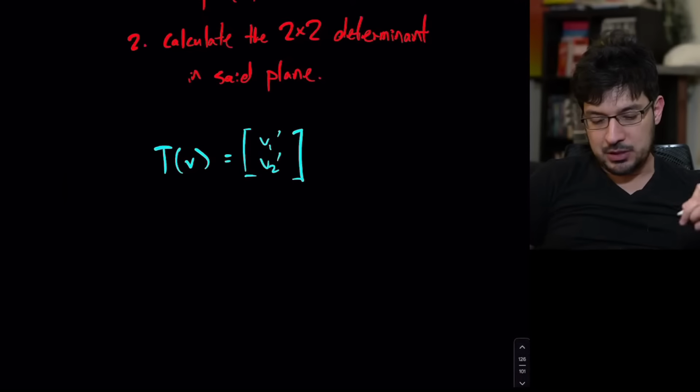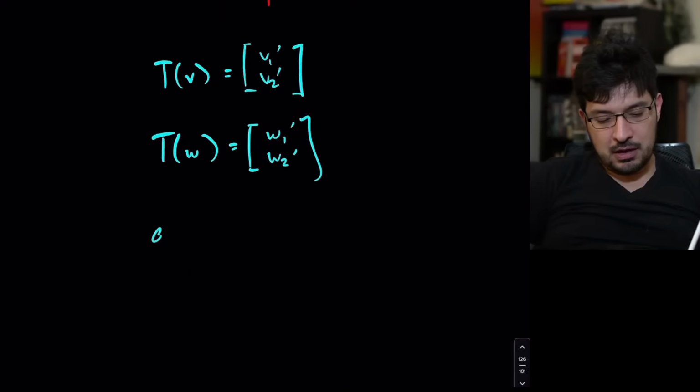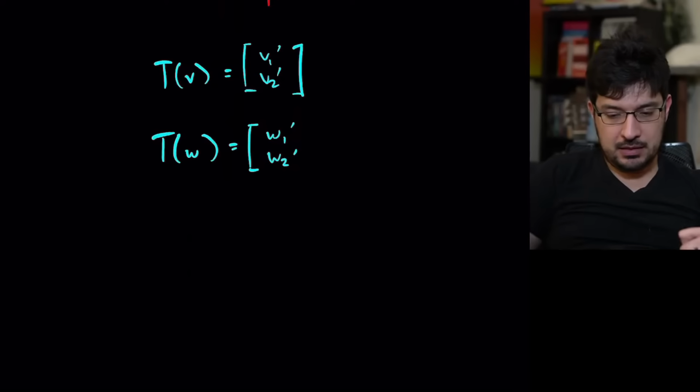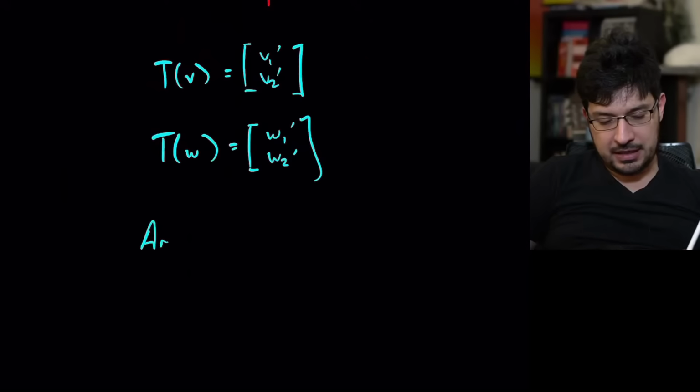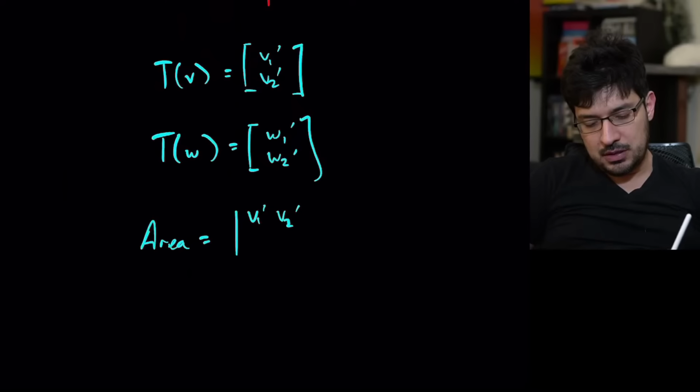It would be a length-2 vector, and T of W would be w1 prime, w2 prime, and then the area of the parallelogram would be the determinant of V1, V2, W1, W2.